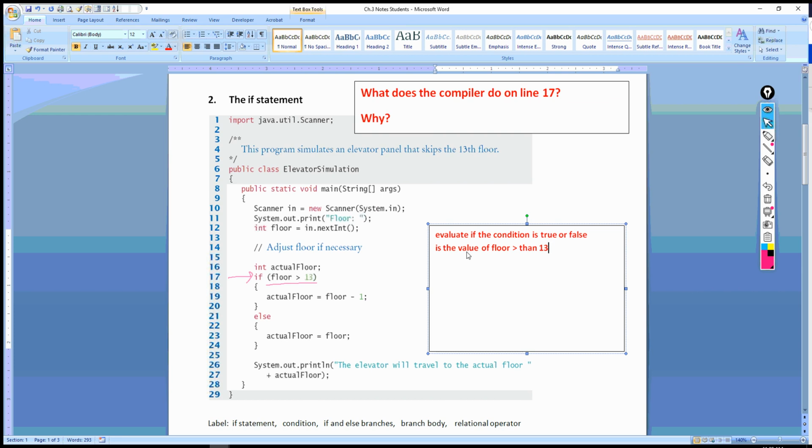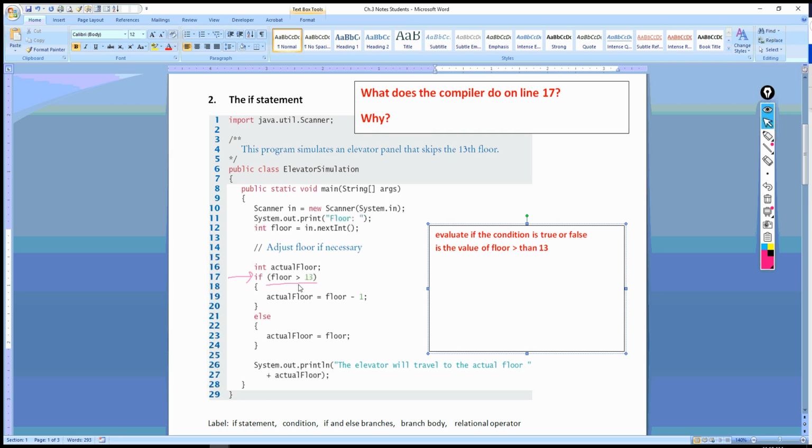So what the compiler does is it looks at this and it goes, okay, is whatever the user entered, is that number? So if they said 18, is 18 greater than 13? If they entered a 7, it's going to go, is 7 greater than 13? And they're yes, no questions, although what we're going to call them is true or false. All right, and so that is the important thing, because remember, the condition is how it makes a decision.